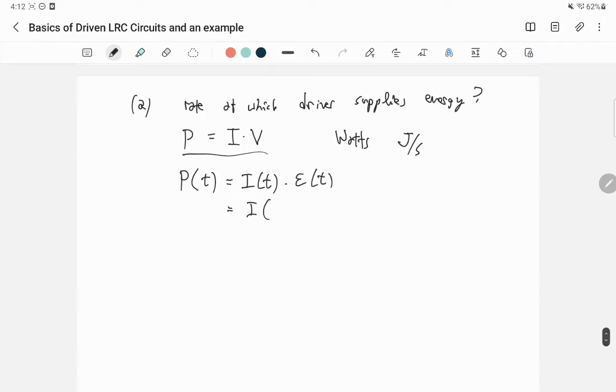Pretty easy. Okay, so if you do this, you're going to have to write down I of t, which means that you need to find the phase angle phi, and you need to find the amplitude of the circuit's current response, I sub m.